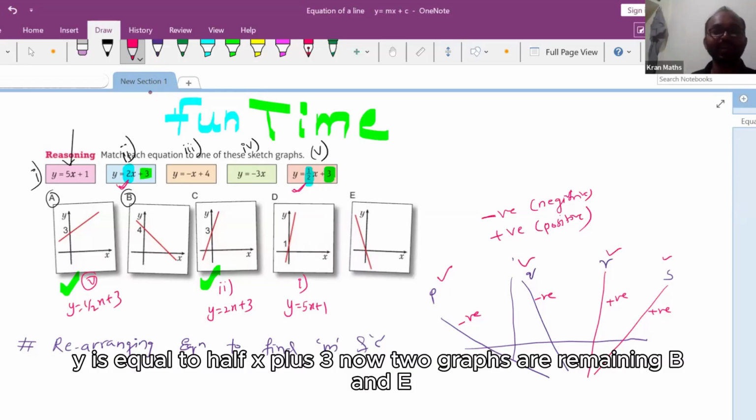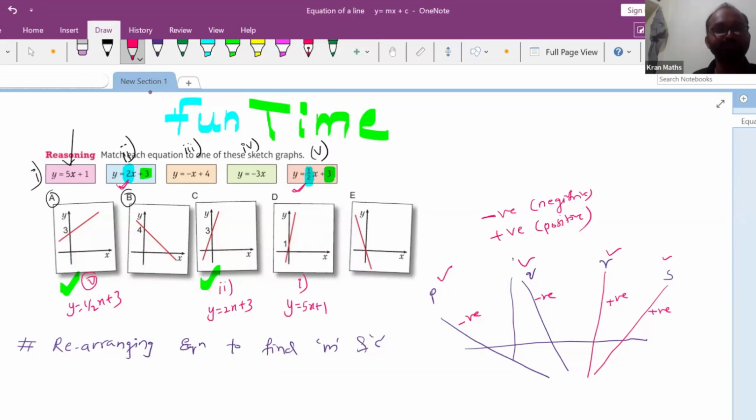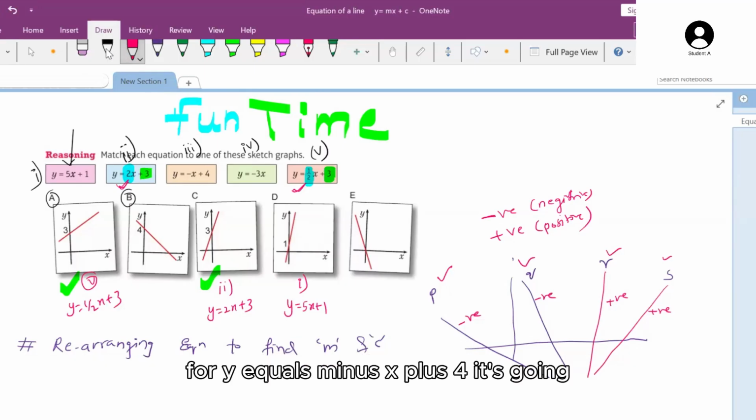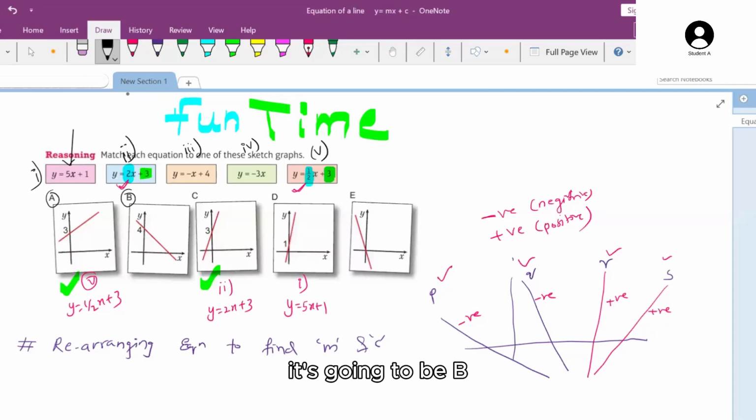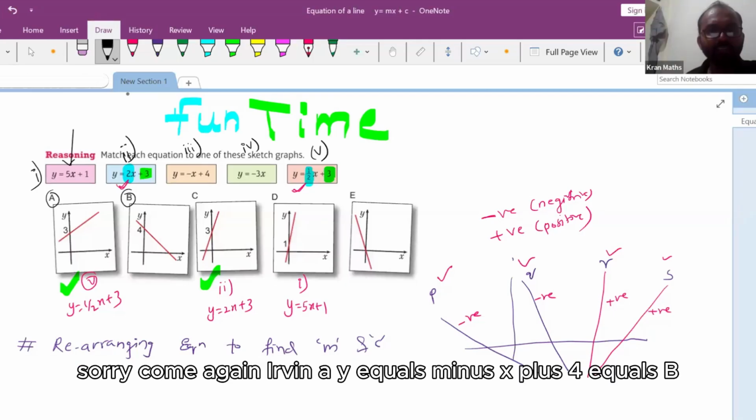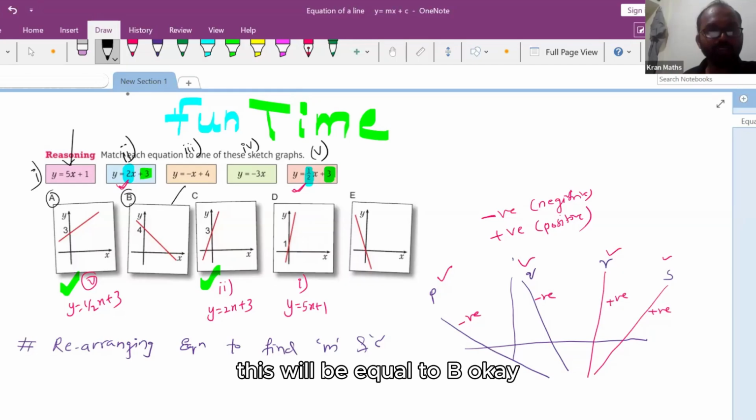Now two graphs are remaining, B and E. Y equals minus x plus 4 is going to be B.